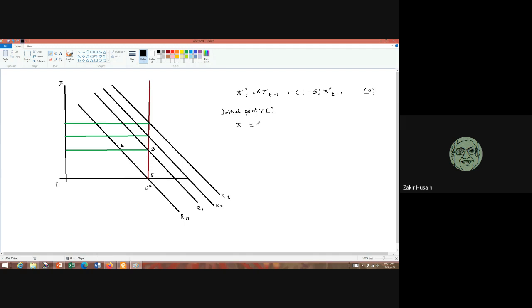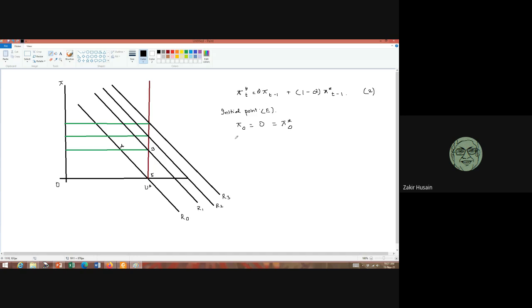The actual change in inflation rate. You can see this from the vertical axis. Over here, what is the value of pi? Zero. So t minus 1, let us call this 0. And what is pi star? This is also 0.